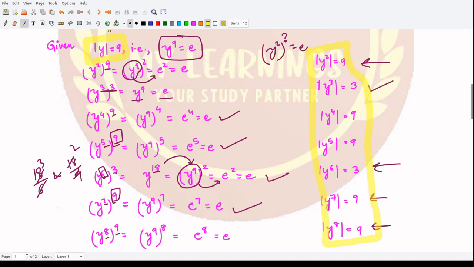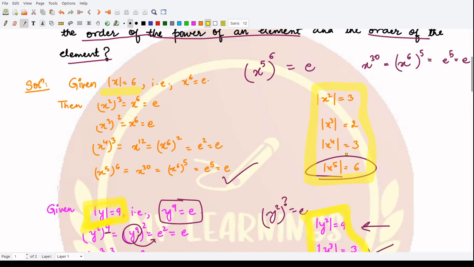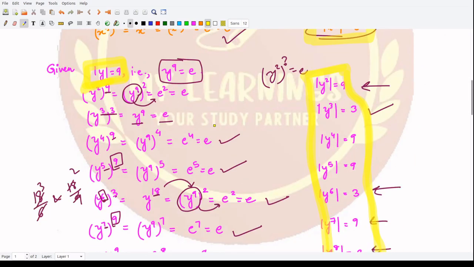Yes, it is quite obvious that these orders of the powers are basically nothing but the factors of this 9, the numbers which divide this order, which is 9. Here also 2, 3 and 6 divide 6. Here also 3 and 9 divide 9.